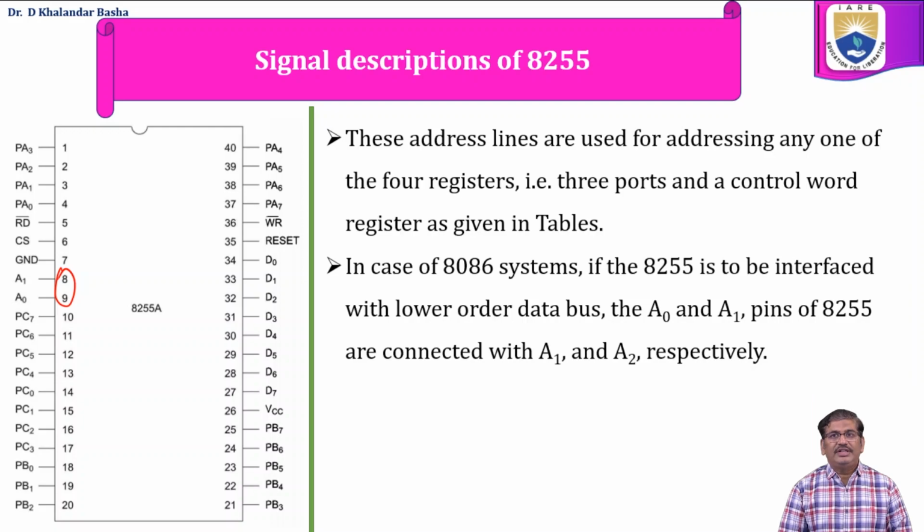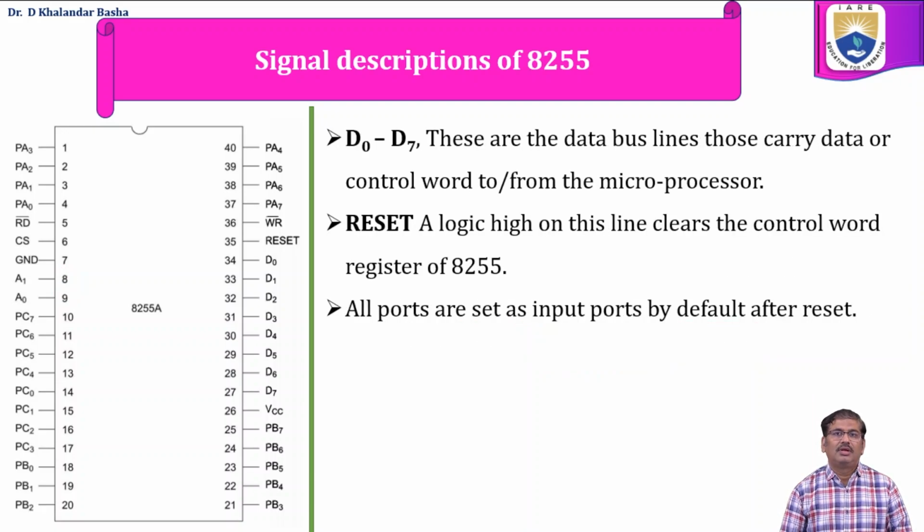So in case of an 8086 system, if the 8255 is interfaced to the lower order data bus, the A0, A1 pins of 8255 are connected to A1, A2 of the 8086 respectively. Next we have the data lines, D0 to D7, pin number 27 to 34.